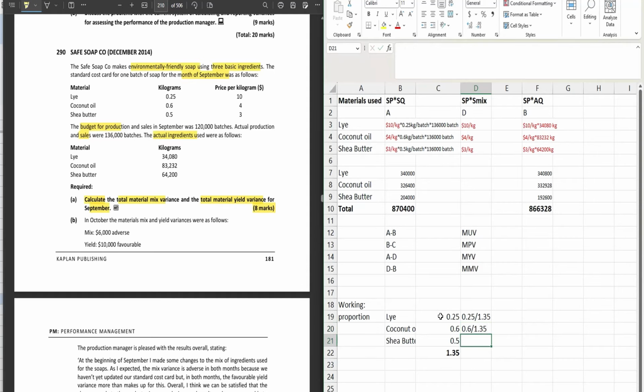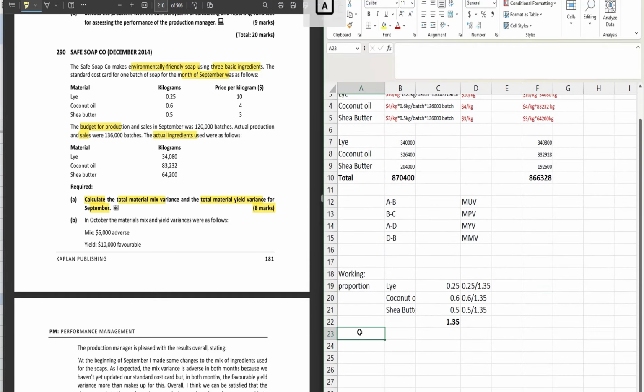And similarly for shea butter, it's 0.5 divided by 1.35. So this is a proportion. That is the percentage we have decided that we will use, this much percentage of material to produce one batch of soap. Now actually how much do we use?